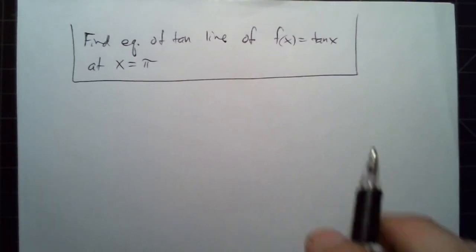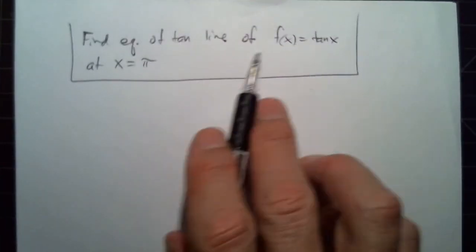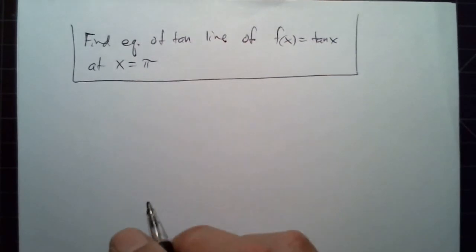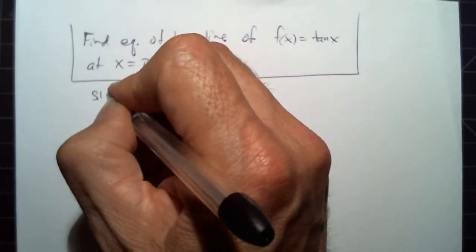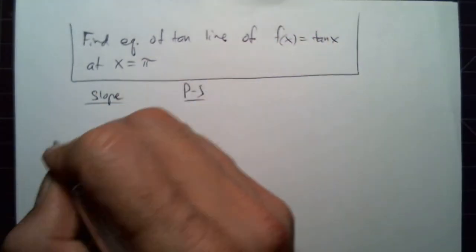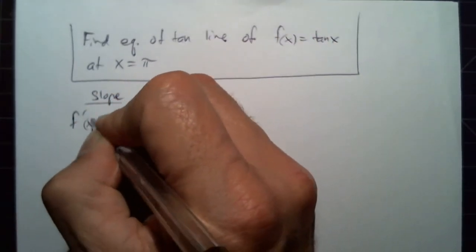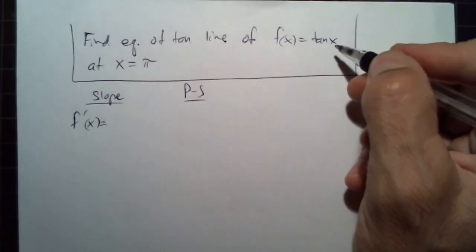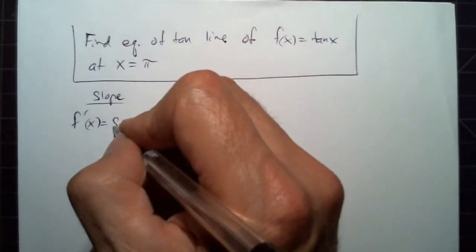Alright, tangent line of the tangent function at pi. Pause the video and try that one. The derivative of tangent is secant squared.